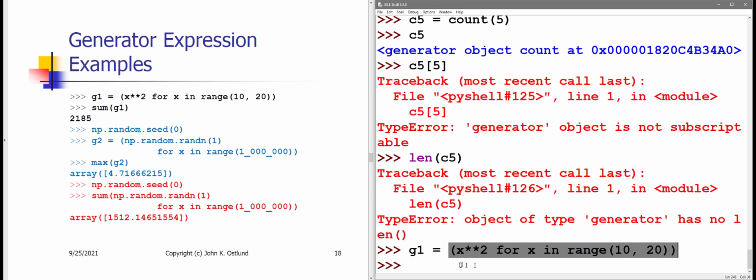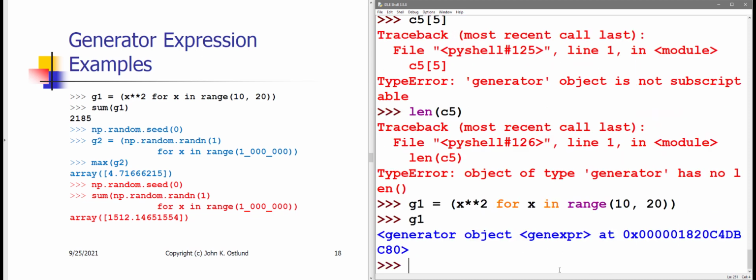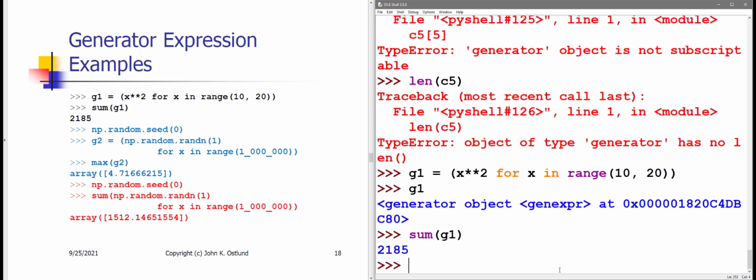I'm creating a generator expression. So G1 is a generator expression. It's not allocating memory. But I can use functions that take iterables to evaluate all of the item values eventually produced by that generator.